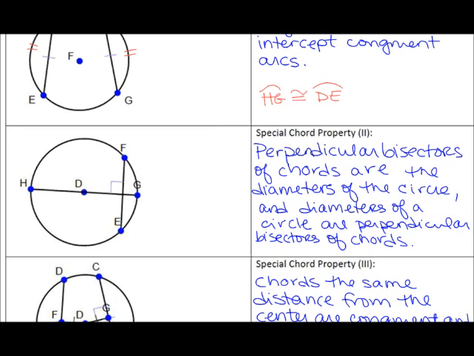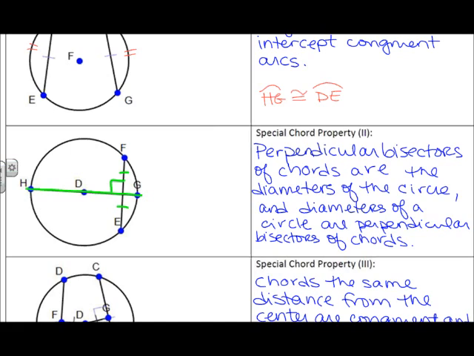Okay, so when you're labeling your diagram, not only is this segment HG a diameter, but it also is going to be the bisector of that chord, and we know that's going to form a right angle. And vice versa.